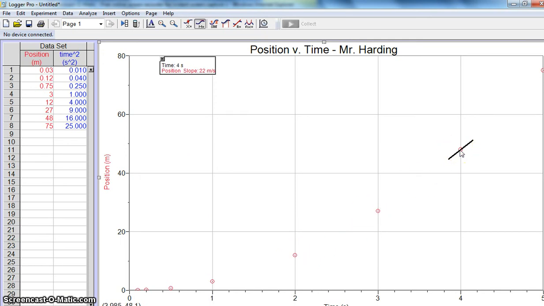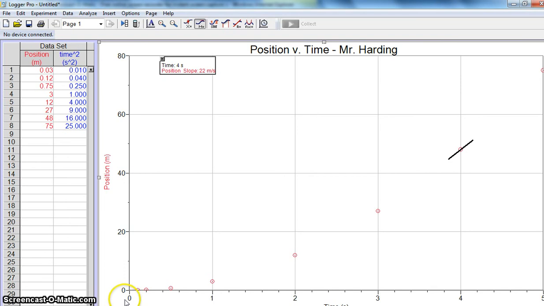Now, in addition to figuring out the velocity at specific times, I can also figure out velocity at specific positions. And that can be accomplished by just going over to the y-axis. And just in looking at this, I can see it appears to be a little bit less than 50. And in fact, what you can do is take a glance down at the bottom left corner of the screen.